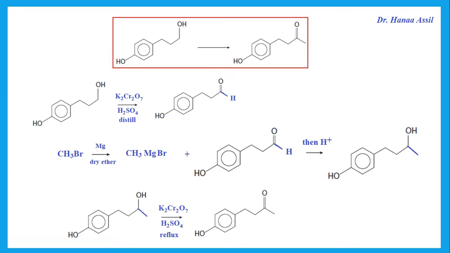The product is a ketone, not a secondary alcohol. So we just oxidize the secondary alcohol. Now we need to get a ketone. So we use potassium dichromate, concentrated sulfuric acid, and heat under reflux. Remember, to get an aldehyde, we distill, but to get a ketone or an acid, we heat under reflux.